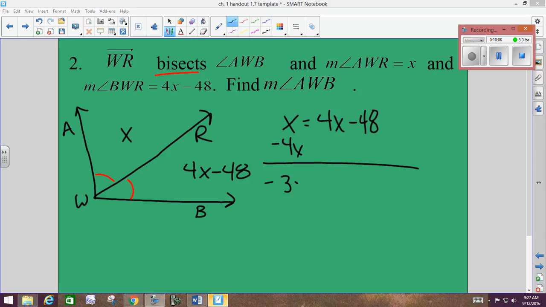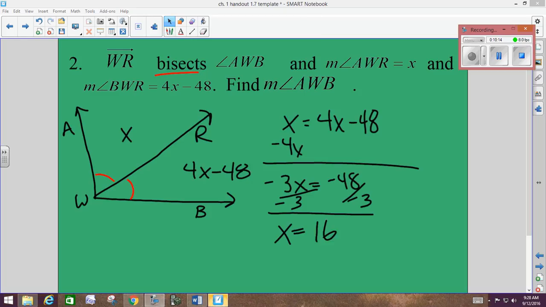So we get negative 3x equals negative 48. Divide by negative 3. You get a positive 16. Agree, Max? Good. Okay. Thomas, we're supposed to find the measure of angle AWB. That'd be the two red congruent angles together.